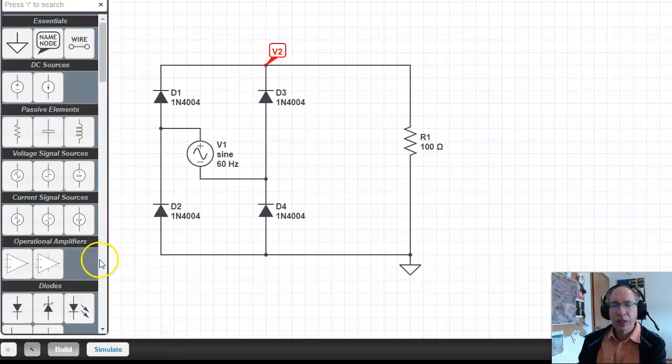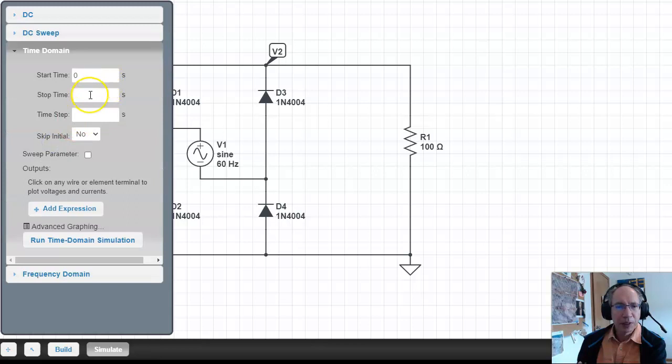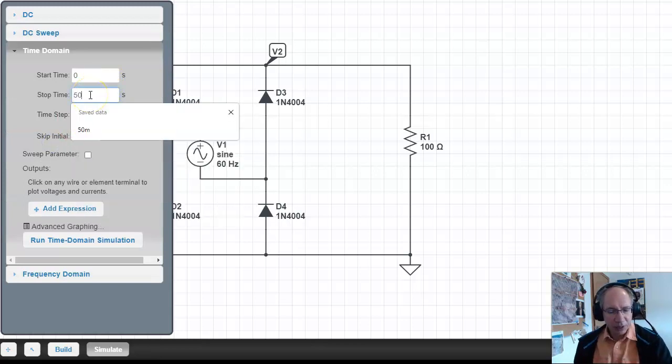So in Circuit Lab, this is kind of how you draw it. I put this in the middle just to avoid having the wires cross. I've got 4 diodes. At any given time, 2 diodes are turned on, 1 and 4, or 2 and 3. If I look at the voltage at V2, time domain simulation. Let's run it for 50 milliseconds again. Time step 1,000 times smaller, 50 microseconds.